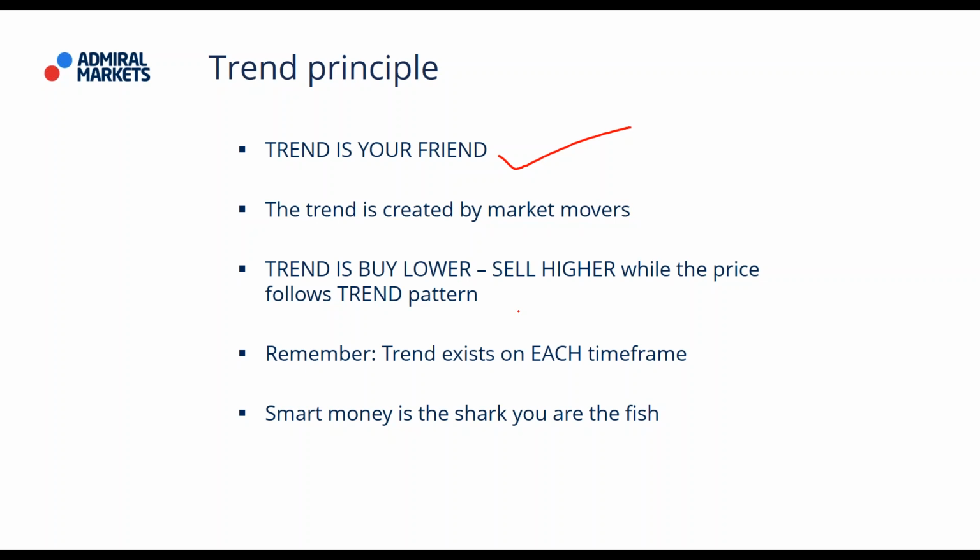Of course, central banks. But when all of those big players are aligned, that is where you see a trend. And that is when you start to understand that trend will be your friend, because you will be following the big fish in order to make money.